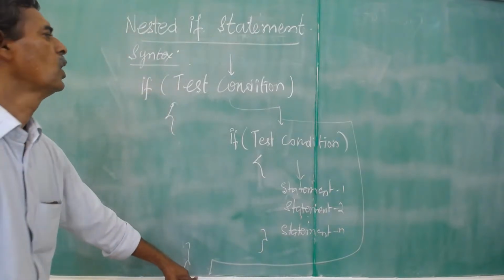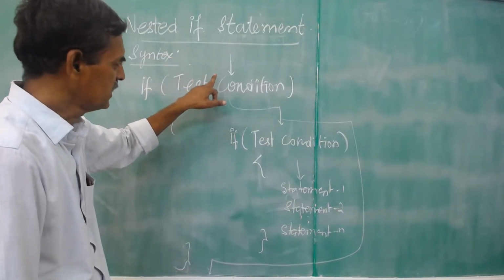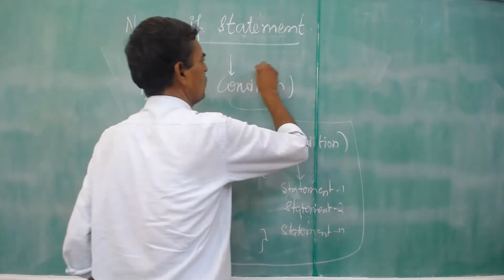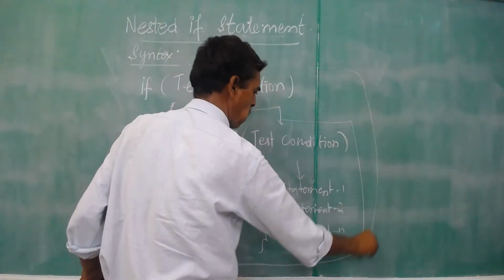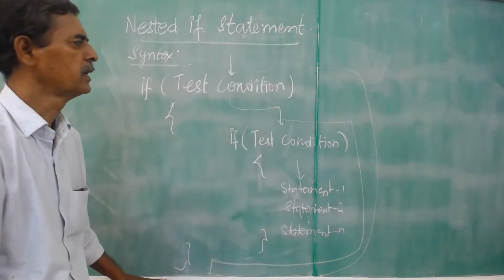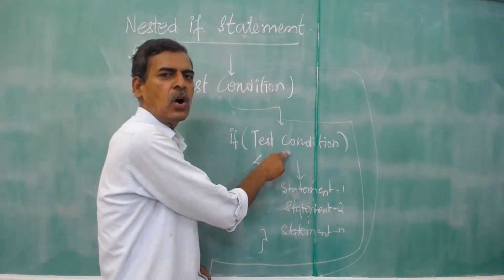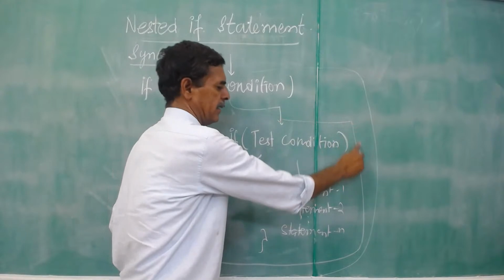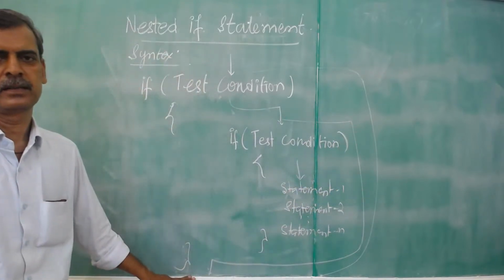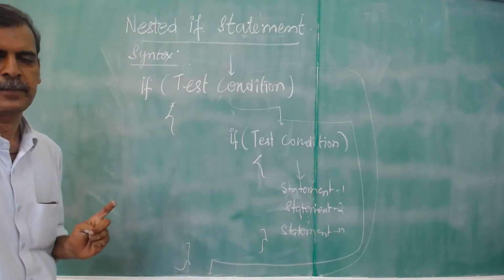If it is false, directly it goes out of the if block. If this inner test condition is false, these statements are skipped and it goes to the next statement. So this is the nested if statement.